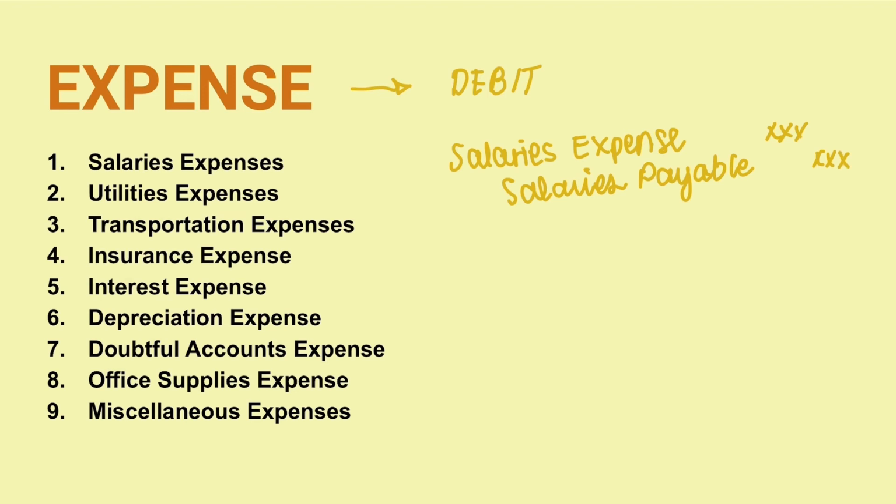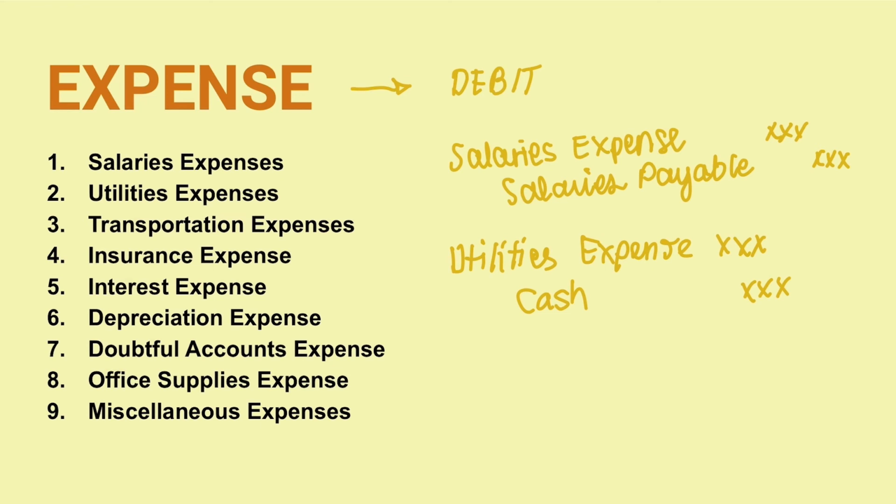Another example, you paid for utilities, you're gonna credit cash and you're gonna debit utilities expense. So that's the usual recording entry when you have expenses.